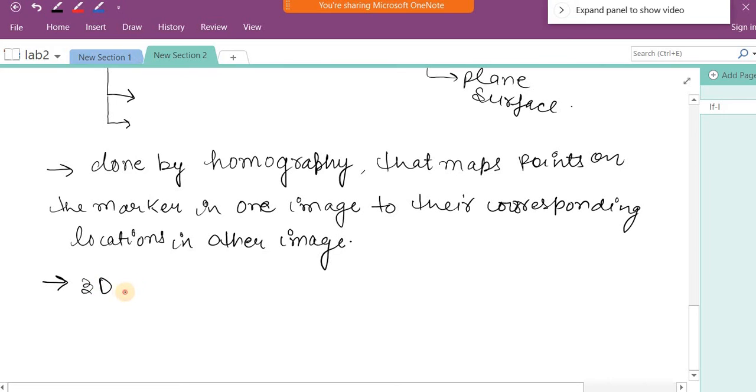And we have to use the 3D coordinate system. Why have we used the 3D coordinate system? Because we have to place a 3D object onto the marker.